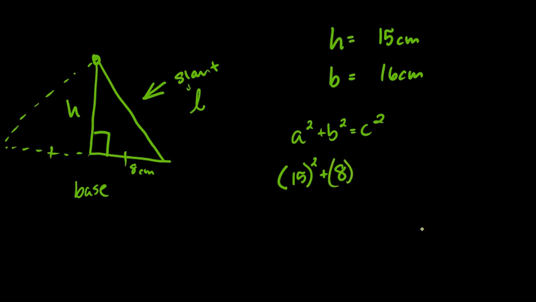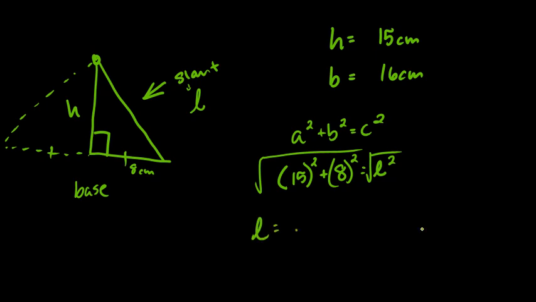So this is going to be 8 centimeters squared equals my hypotenuse squared, which I can replace that c with L squared. And in order to solve this, I'm going to need to take the square root eventually of the right side, which means I need to take the square root of the whole left side.